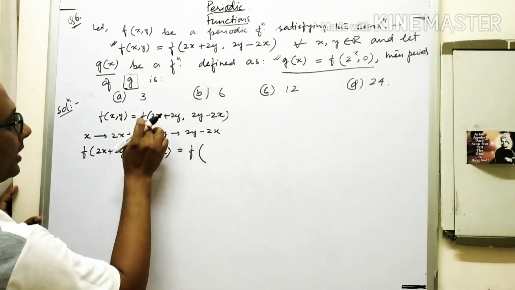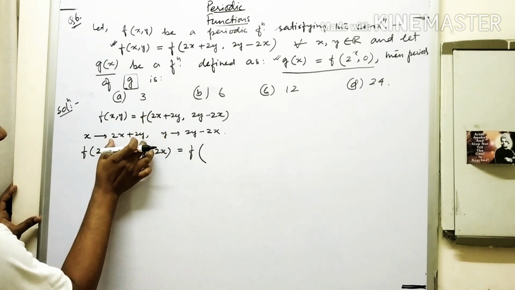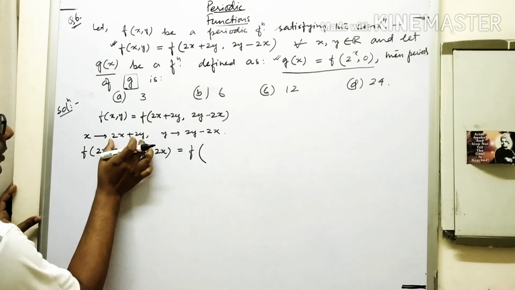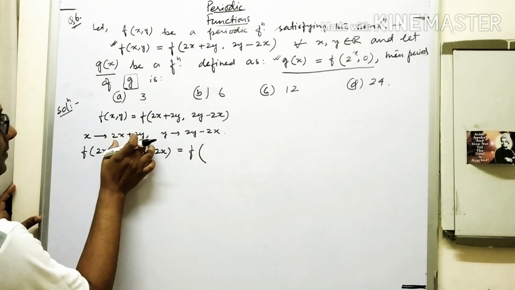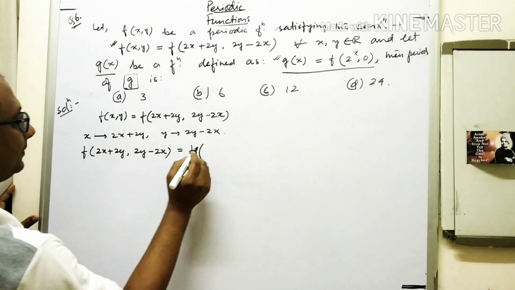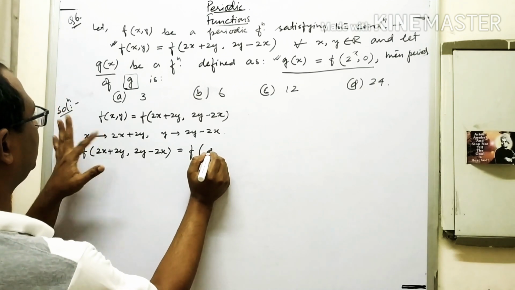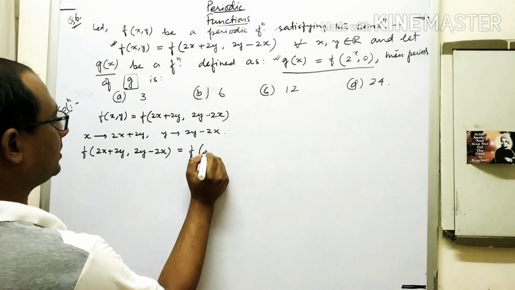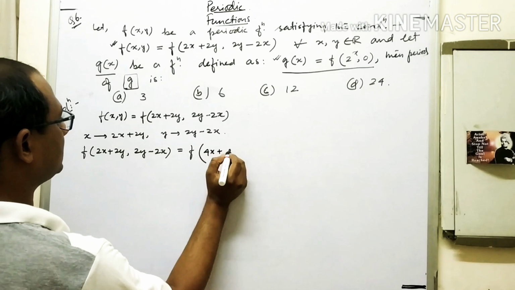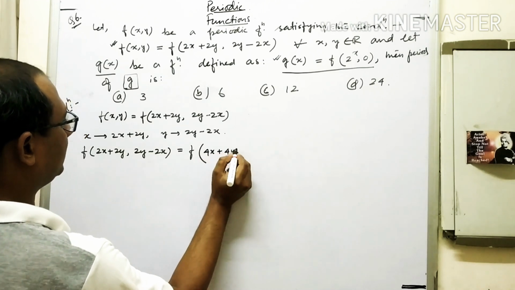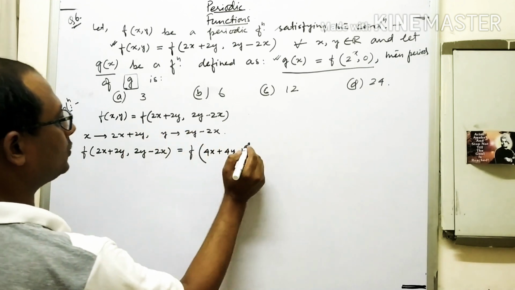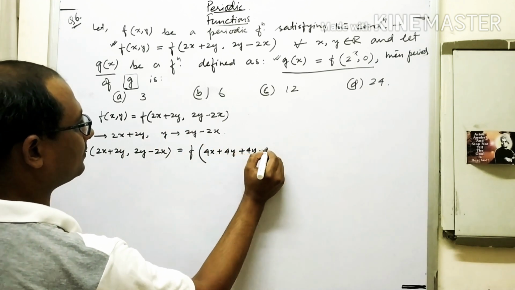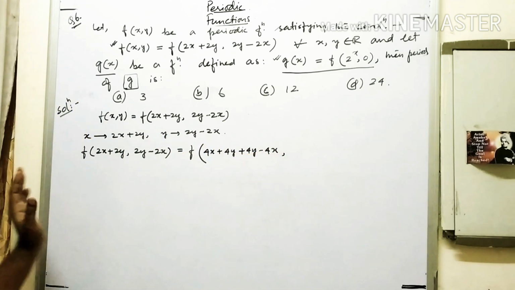On the right hand side we'll be getting 2 into x, x is replaced by this, so 2 into x, that is 4x plus 2 into 2y, so 4x plus 4y plus 2y, that is 4y minus 4x, comma.